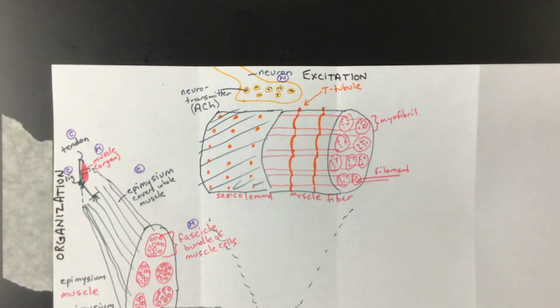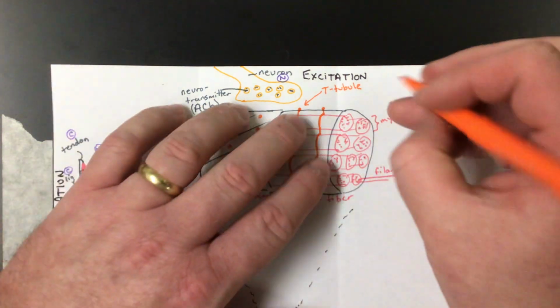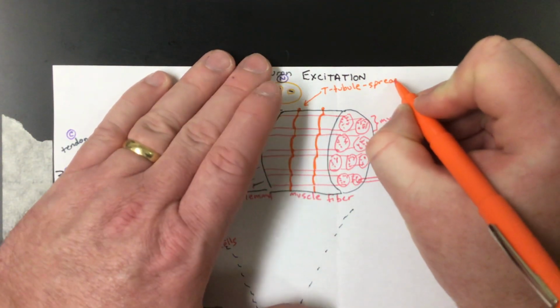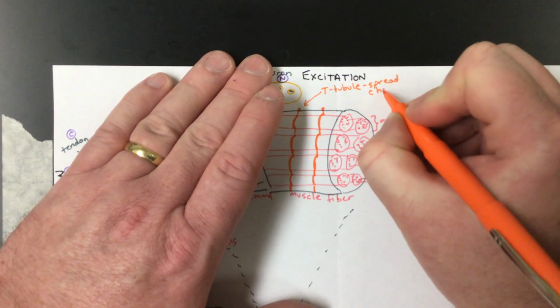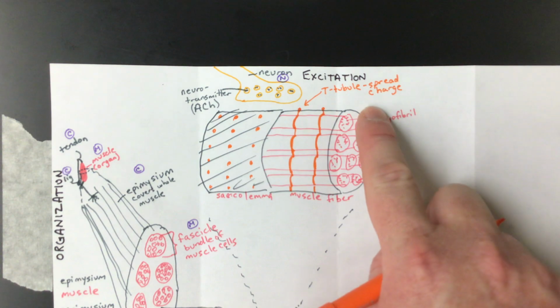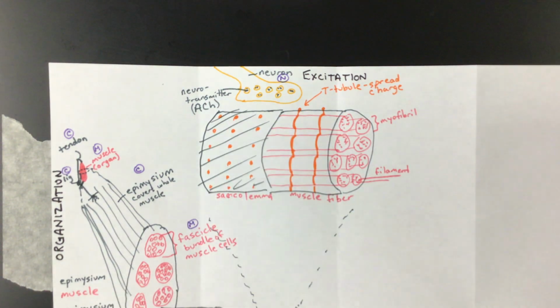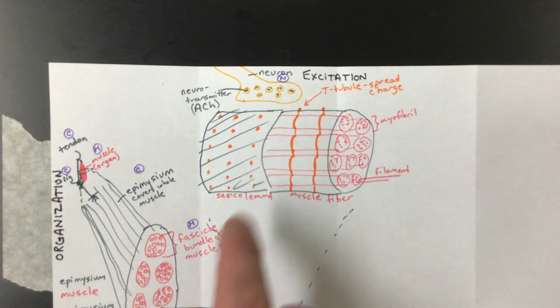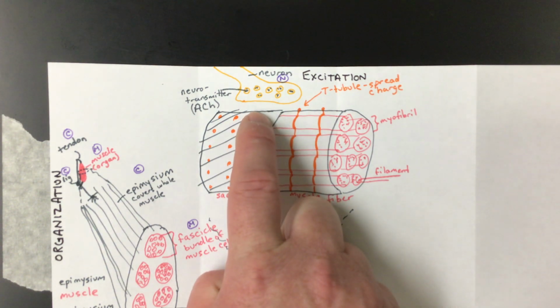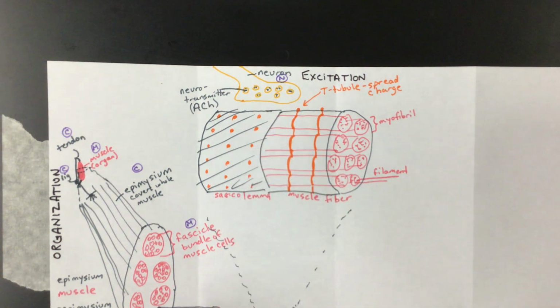And when neurons do their thing, neurons deal in electrochemical signals. And the job of a T-tubule is to spread that signal. So we're going to say that the T-tubule spreads the charge. So it spreads the signal of the neuron, and it gets that signal from the outside of the muscle cell to the inside.